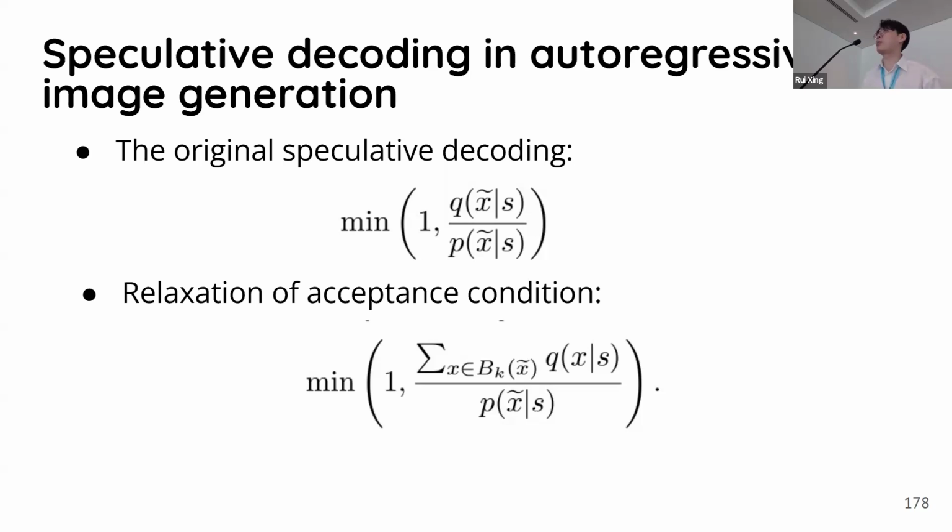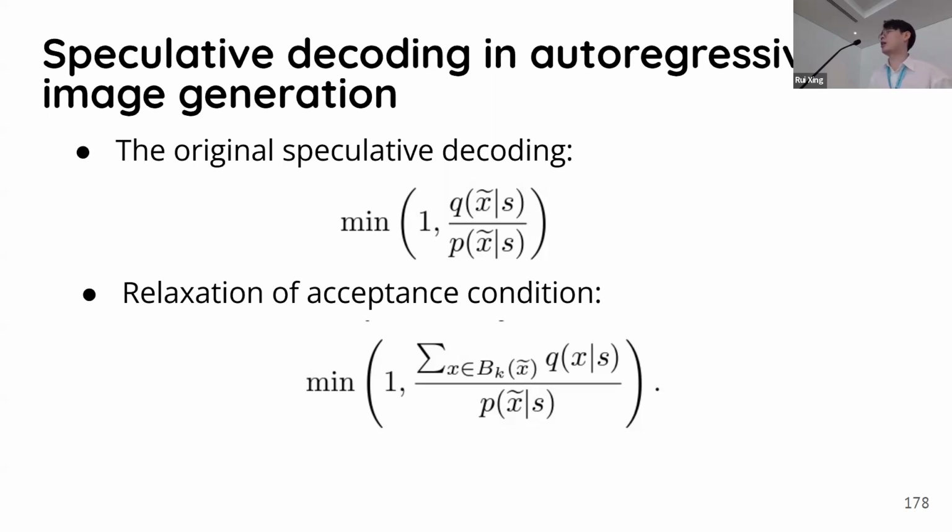So this formula represents the probability that the tokens generated from the draft model can be accepted by the target model. So we could simply relax the acceptance condition by integrating the neighbors of the predicted visual tokens.